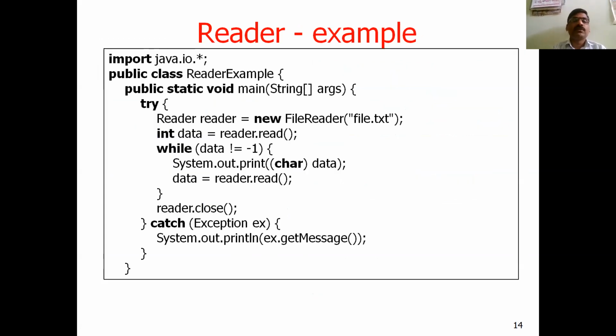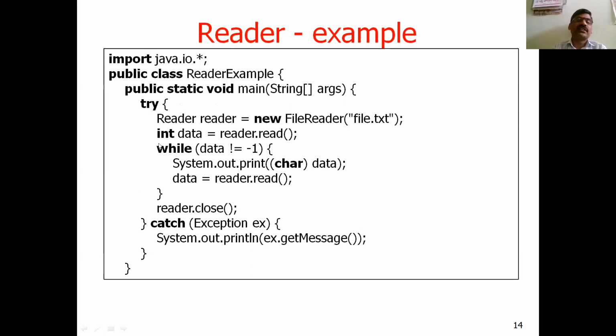Then one example program: the Reader method, which is used for reading data from files. Here I am using import java.io package, public class ReaderExample, public static void main. In this example, I am showing the handling of exceptions with a try-catch block.